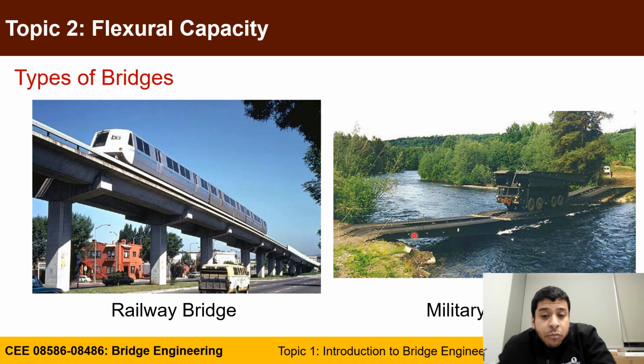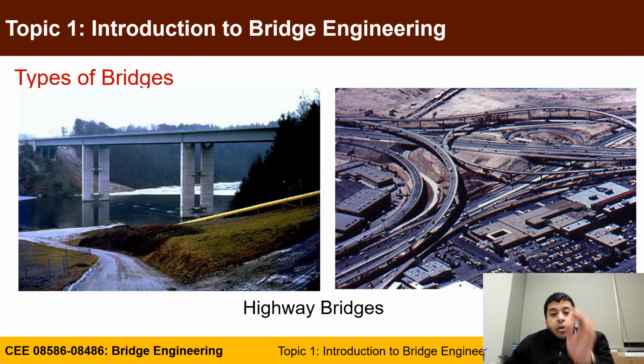You have military bridges, which are used during wars to quickly move from one side to another, and this can be deployable bridges where you can put them and remove them as the scene of the war changes, and can carry equipment. We also have the most famous mode of transport, which is highway bridges, which we use every day, as you can see here, left side and right side, here is the intersection of different ramps of a bridge.